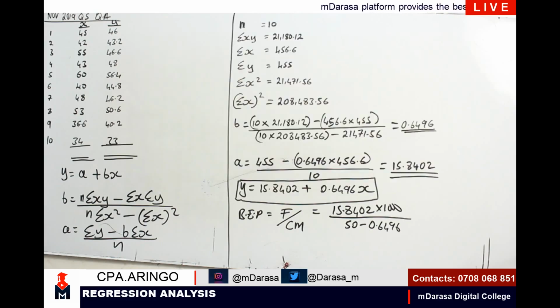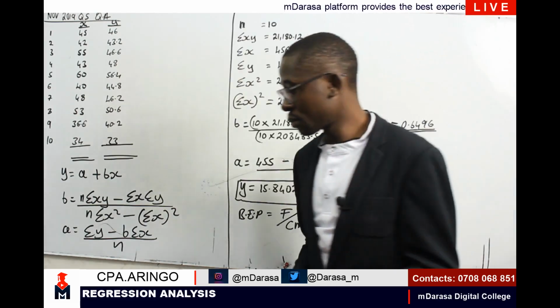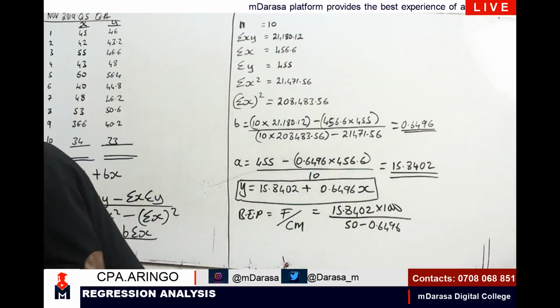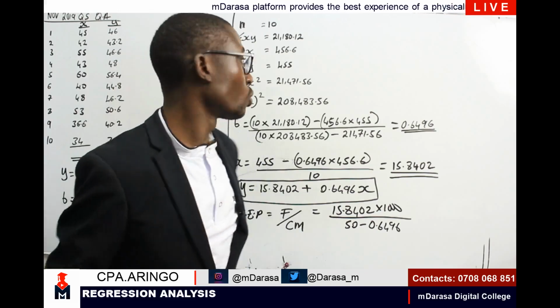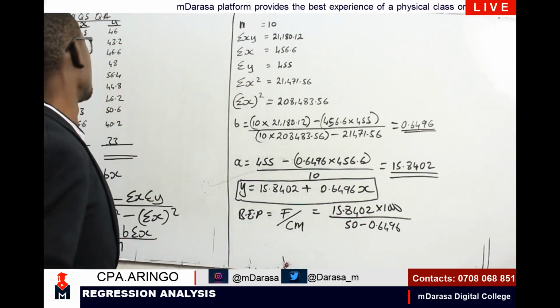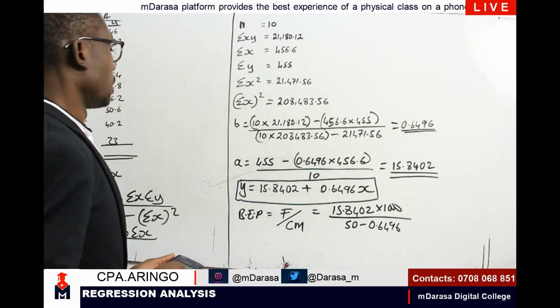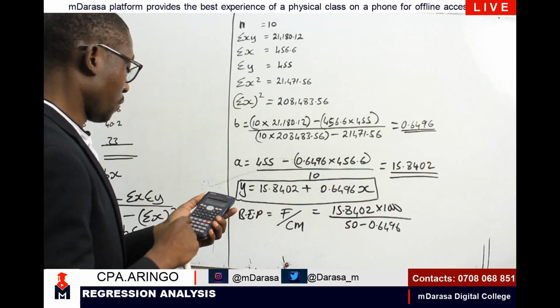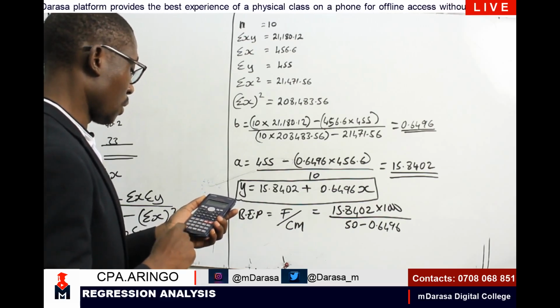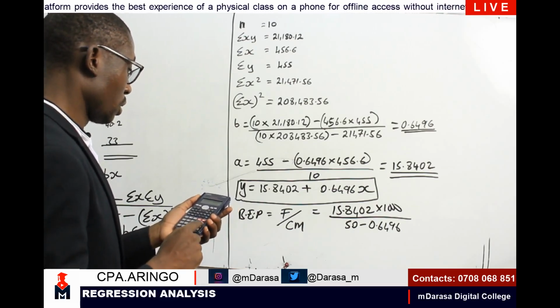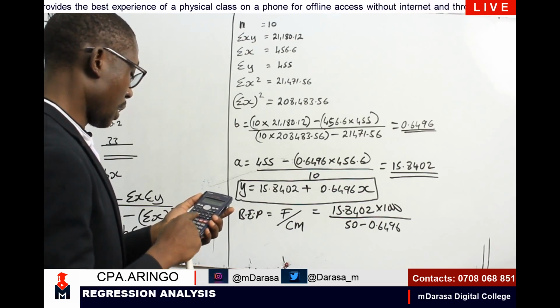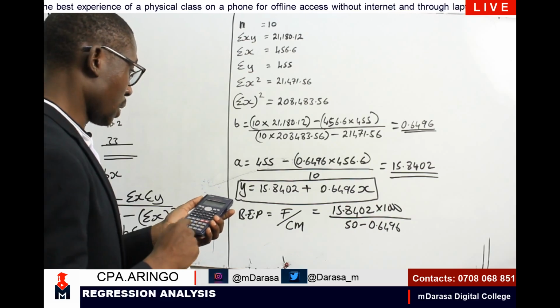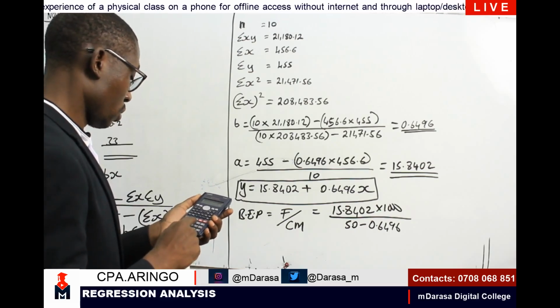So confidently, at this point, this is what we should have. I'm having 15.8402 times 1,000 to give us the value in total. We divide by 50 minus 0.6496.